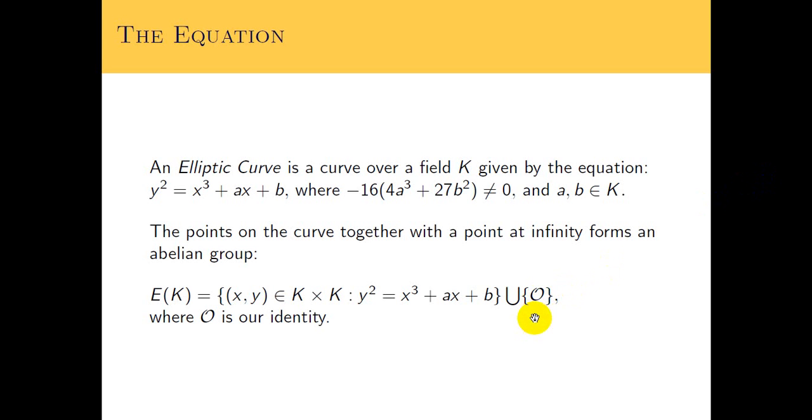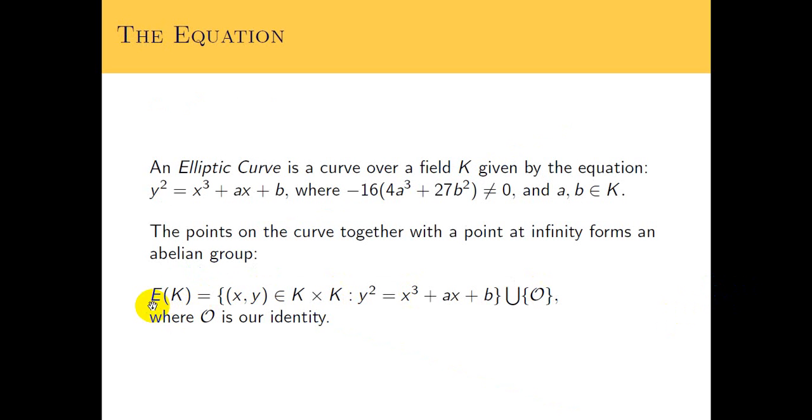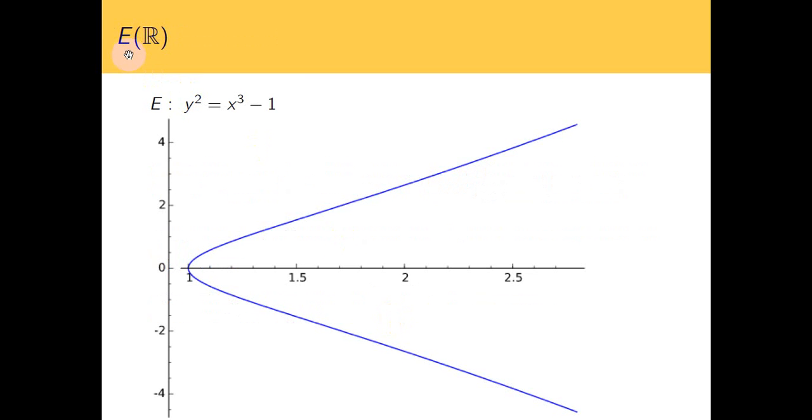So if we add that point, we get a group. We use the notation E of K a lot. When we talk about the elliptic curve, we're really talking about all the points that satisfy this cubic polynomial, along with our extra point at infinity.